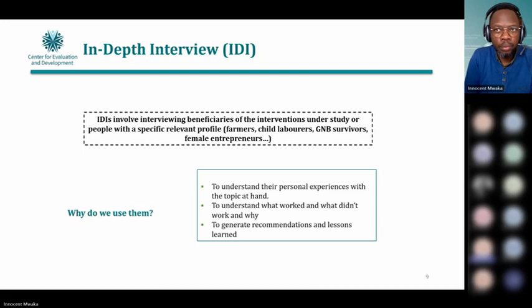So he or she can be among the key informants or our primary beneficiaries. But the way we design the in-depth interview guide is that we collect in-depth information about the subject matter. So this is normally detailed, and we normally take much more time analyzing the subject. So please guide me if I've been doing it right or wrong. Thank you.